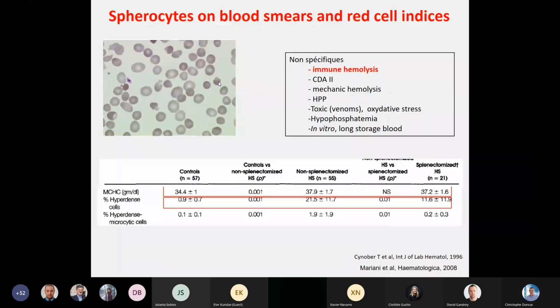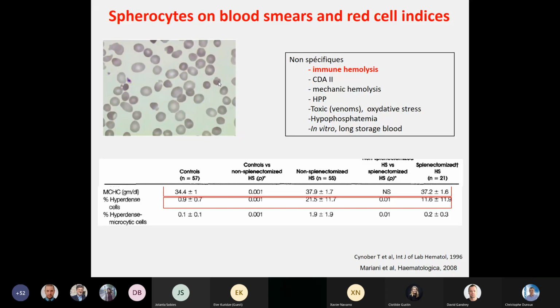For example, some of these analyzers are able to give you a percentage of hyperdense cells, which are cells containing a concentration of hemoglobin above 41 grams per deciliter. It has been shown that an excess of these hyperdense cells, more than 4%, is basically constant in spherocytosis, but not all blood cell analyzers give you this parameter, so you cannot really use it everywhere.